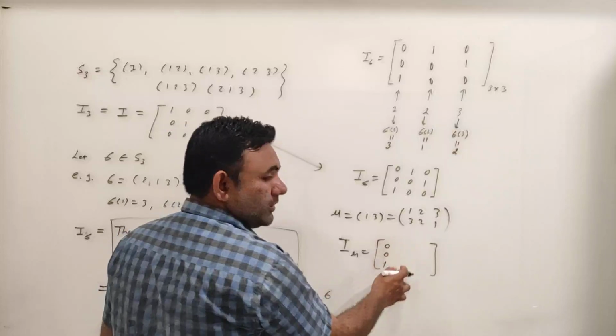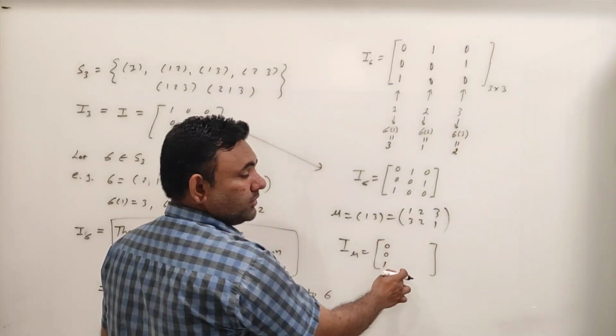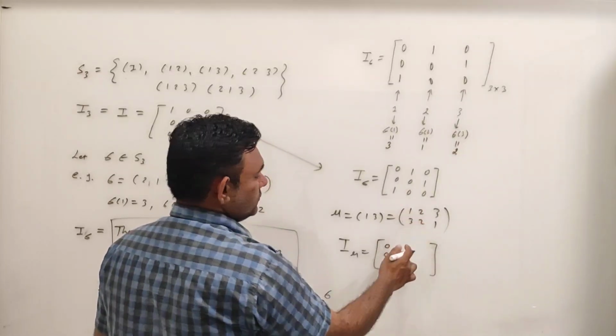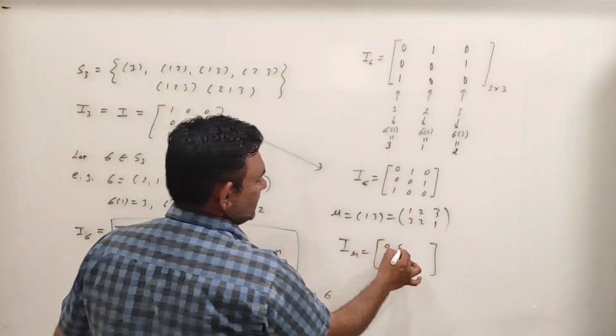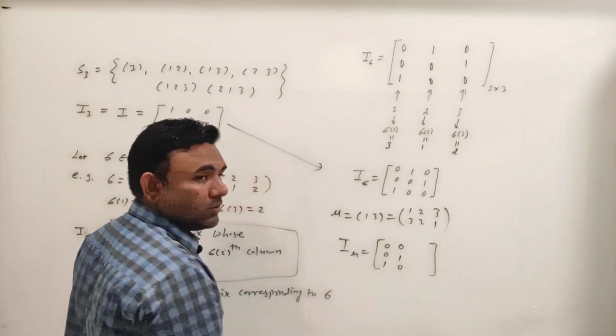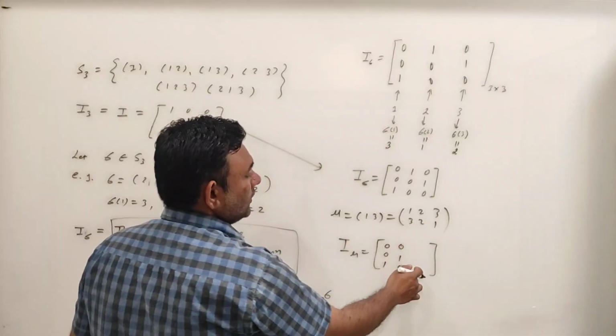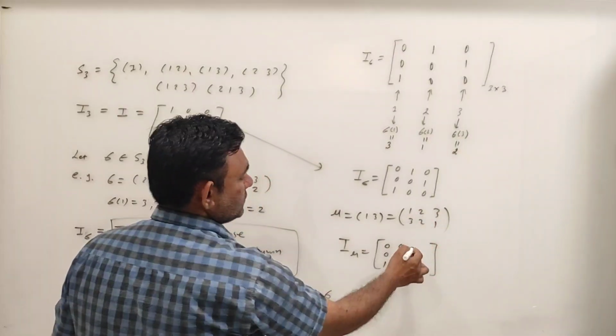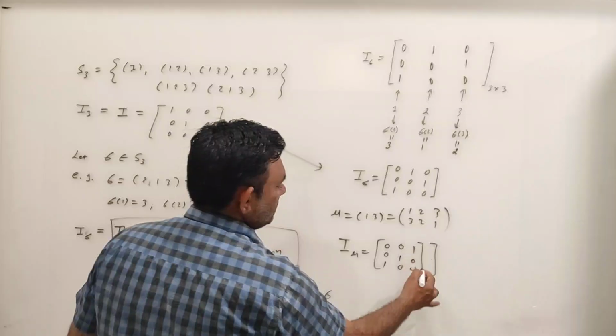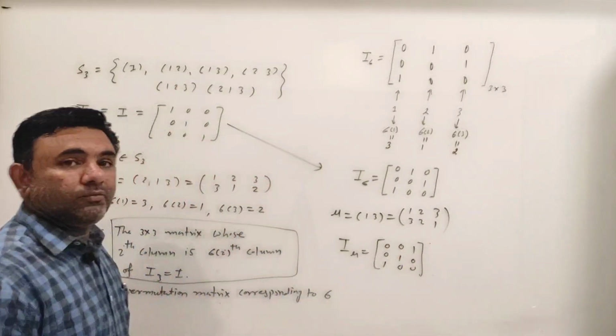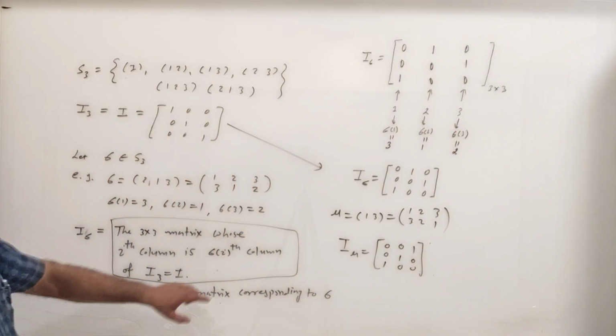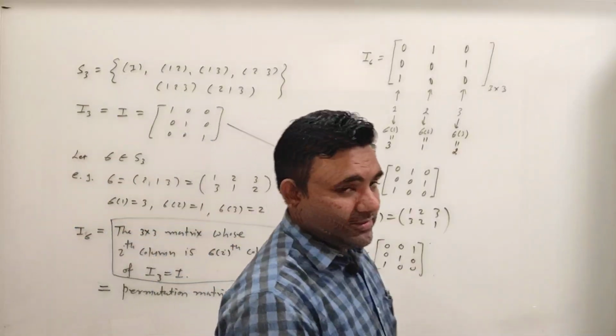The second column: 2 maps to 2, so that is just the second column, that is 0 1 0. And the third column: 3 maps to 1, so the first column, that is 1 0 0. So this is your I mu, right? These matrices are called permutation matrices, right?